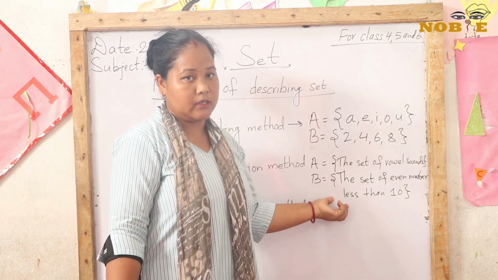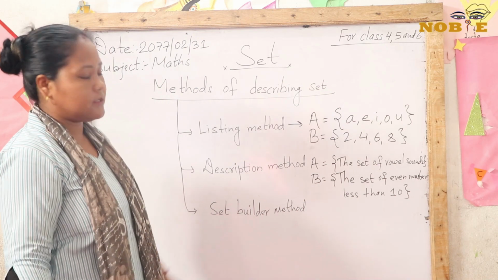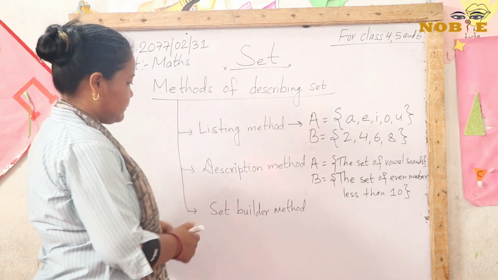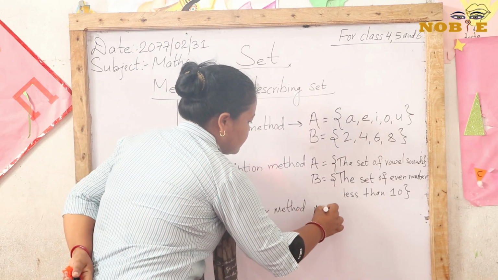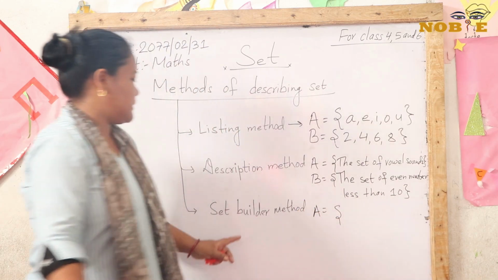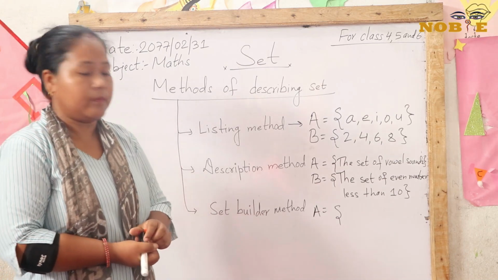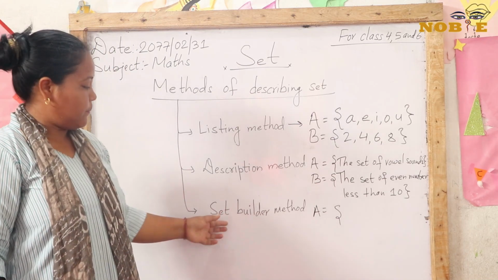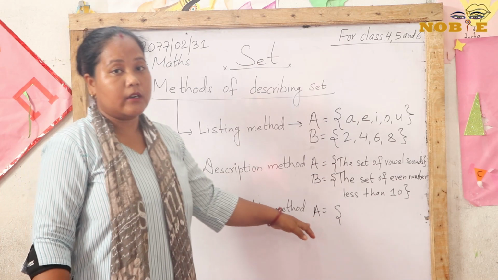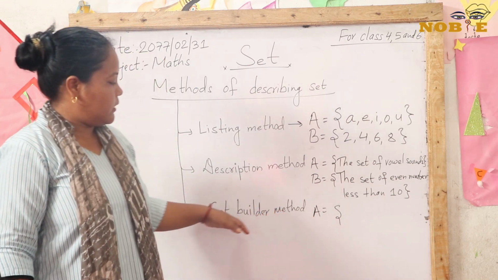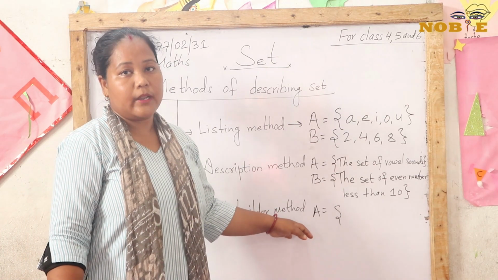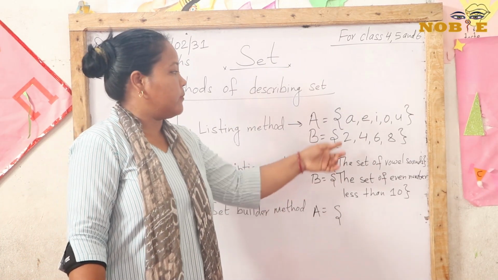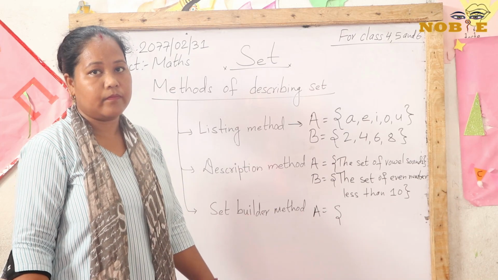And last, that is set builder method. This is a different type of method, a little bit different. In the set builder method, we use a single variable to describe the elements of the set.